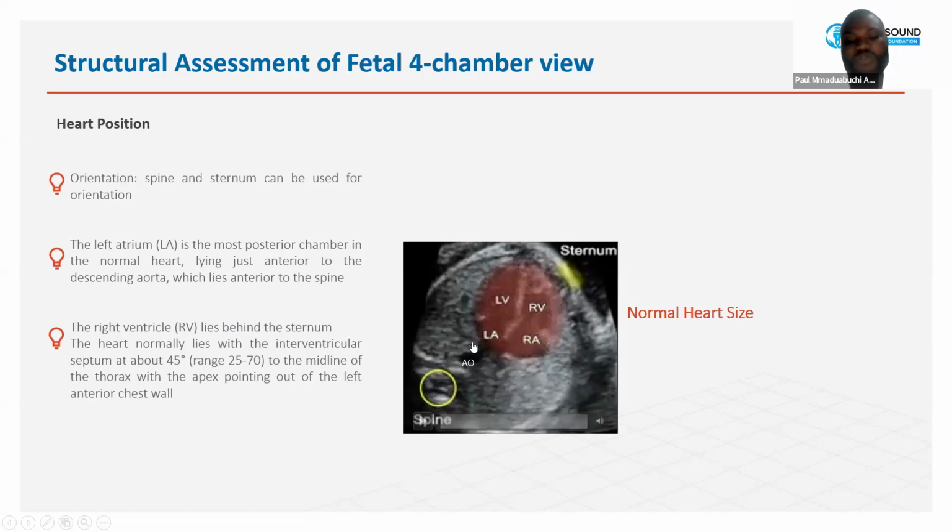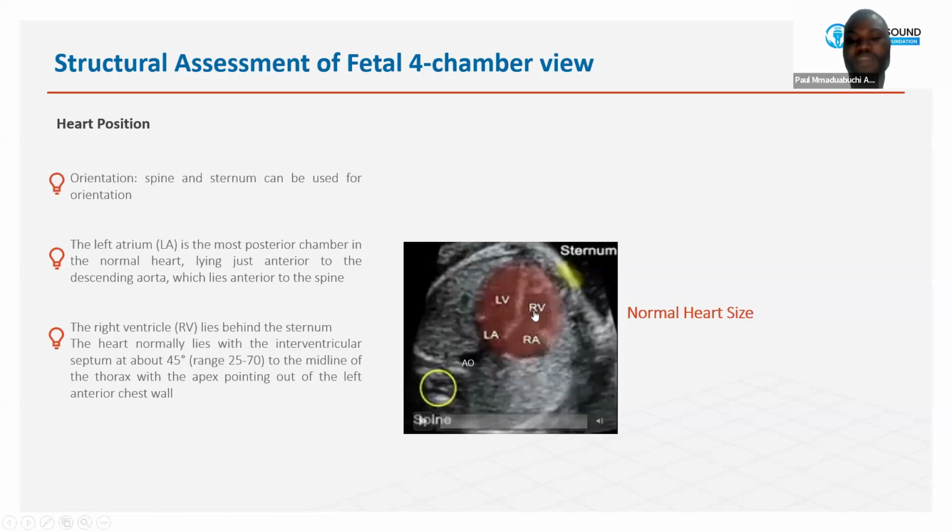You should also know that the left atrium is the chamber closest to the descending aorta, which is anterior to the spine. So the left atrium is the most posterior chamber in a normal heart, just anterior to the aorta, while the descending aorta is anterior to the spine. And you have your right ventricle lying behind the sternum.